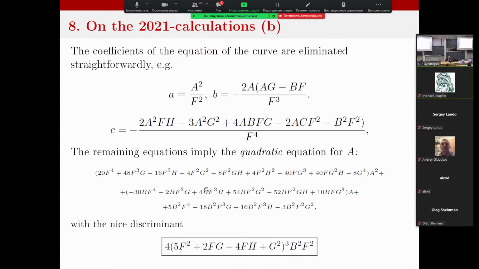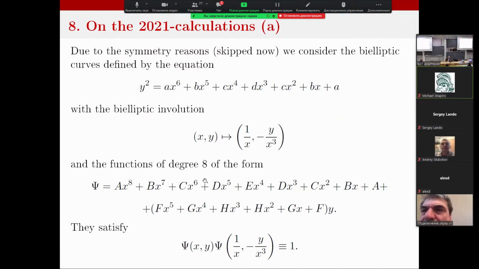Sorry, Yura. Typically, it didn't show that if a function is a Belyi function, then one over it also is a Belyi function. Yes, and it corresponds to the dual descent. It is true. Having a product of two Belyi functions equal to one is not the same Belyi function.